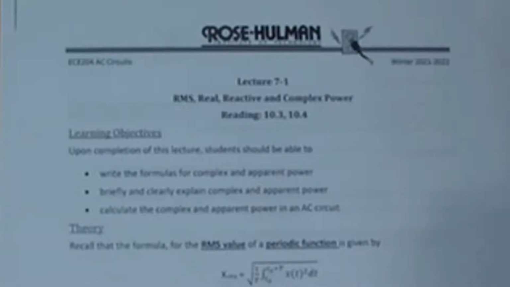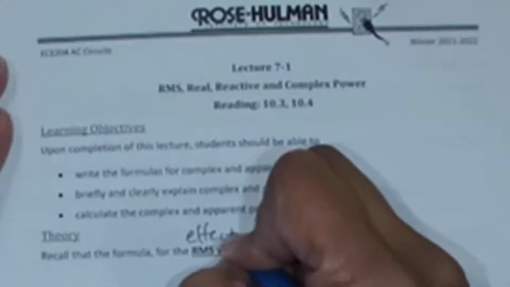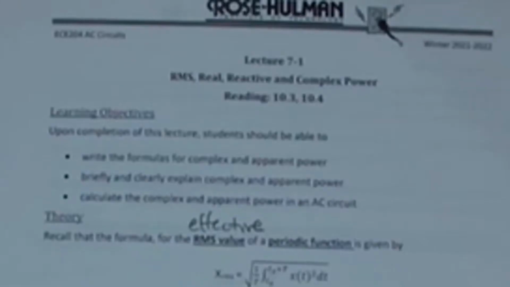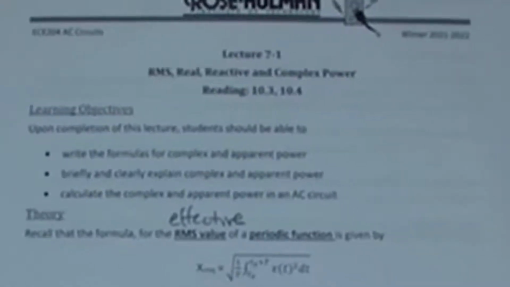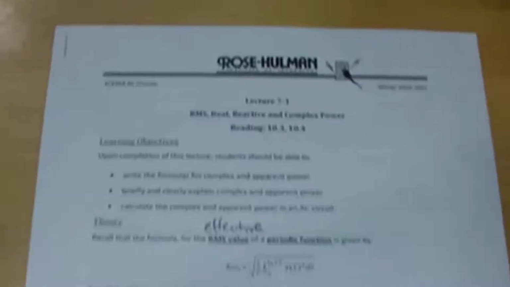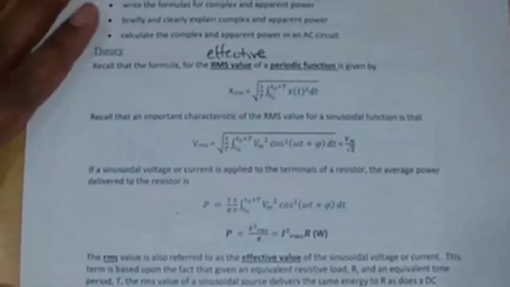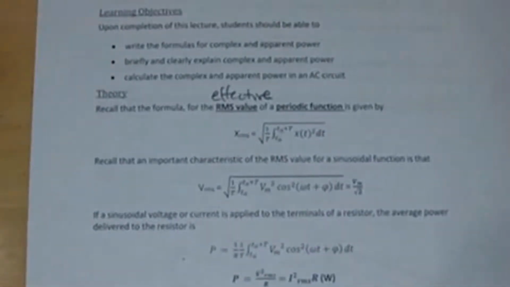If you have a periodic function, there is something called the RMS, or the effective value. All right, so the RMS value is an effective value for a periodic function. The formula is that the RMS value is 1 over the period, the integral over 1 period, of x of t squared dt. If you're talking about a voltage, that formula just becomes VRMS.